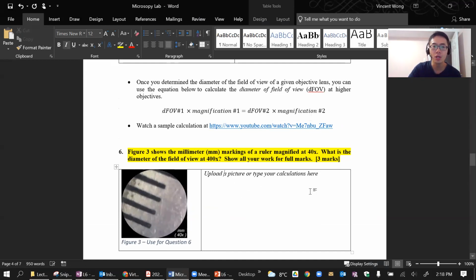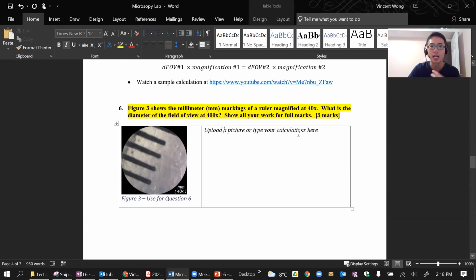Okay. So here it says upload a picture or type your calculations here. Same thing. Okay. It's hard to type math symbols. Do you guys write your math tests and then send a picture to your math teacher? Is that what you guys do? Yeah, so you would know what to do here.